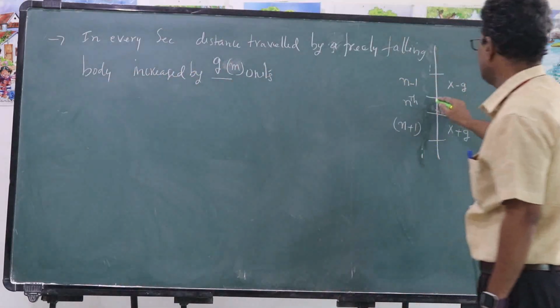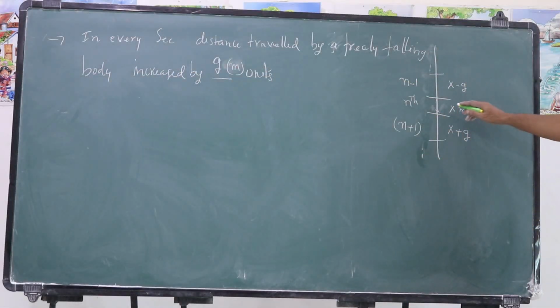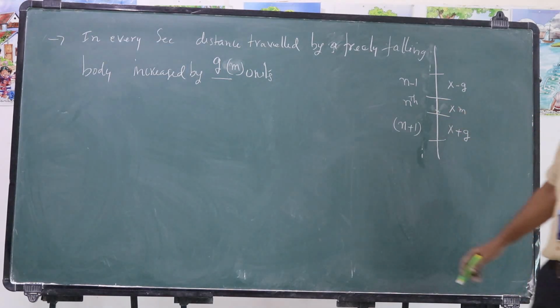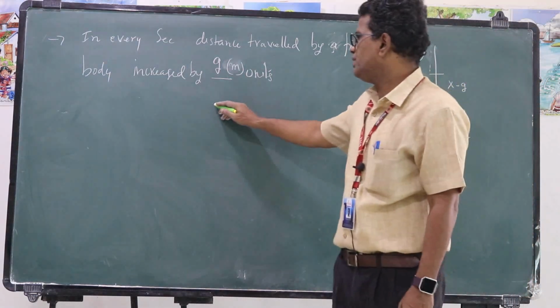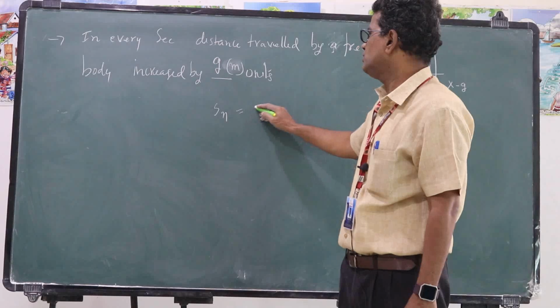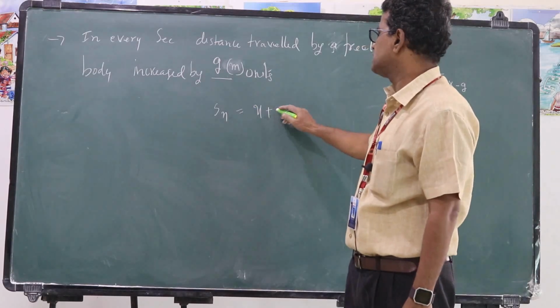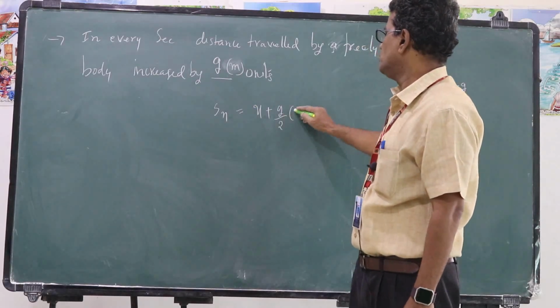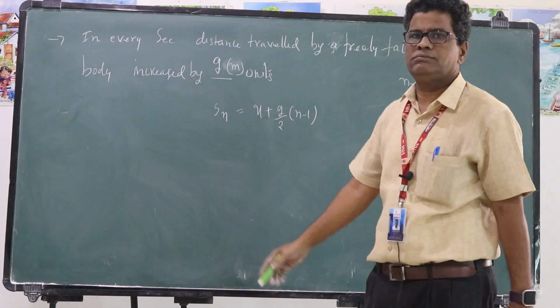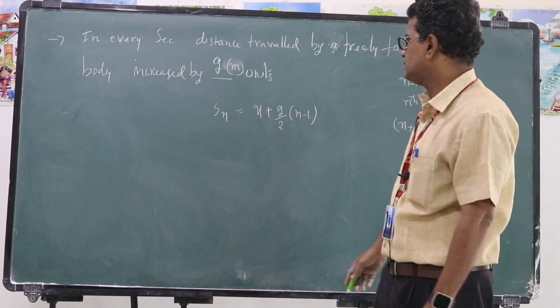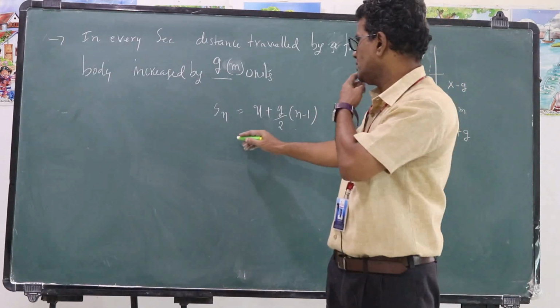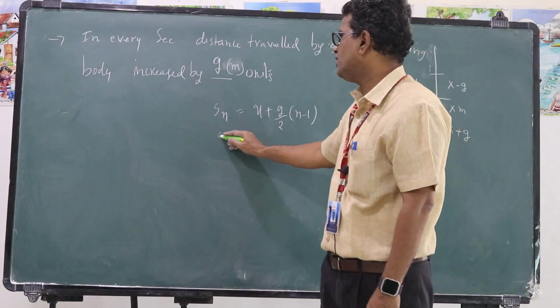So in the nth second it travels a distance x, Sn. See how we can prove this? Sn is equal to u plus g by 2 into 2n minus 1. We have this nth second, u is 0 for a freely falling body.